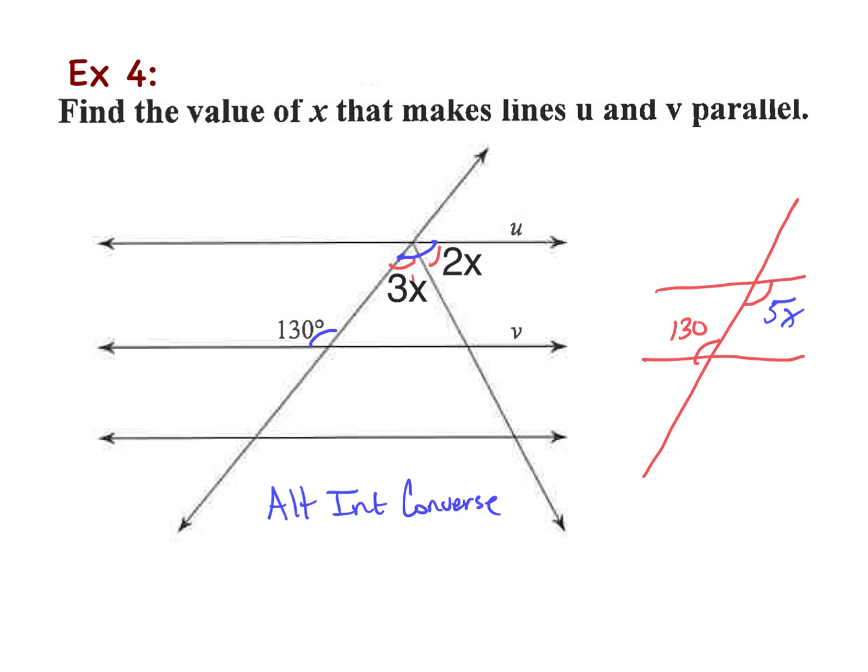And what are they to each other? Congruent. So how am I going to set it up? 130 is equal to 5x, because if they're congruent, we just set them equal to each other. Then how do I solve this? Divide by 5. And what does x equal? 26.